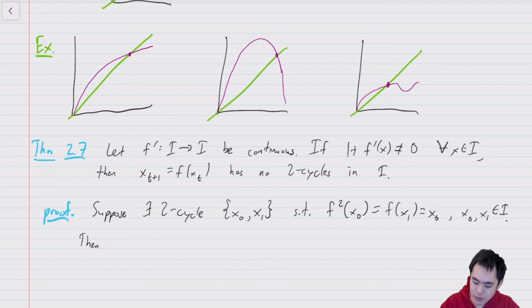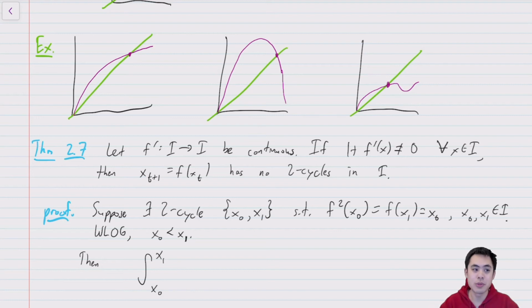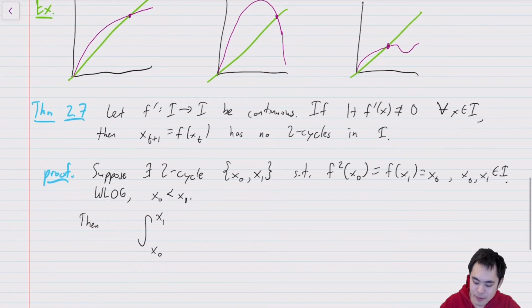Well, then we know that the integral from x0 to x1, and I'm going to assume without loss of generality that x0 is less than x1, because they go back and forth, so you can pick whichever one is smaller to begin with, of 1 plus f prime of x dx.